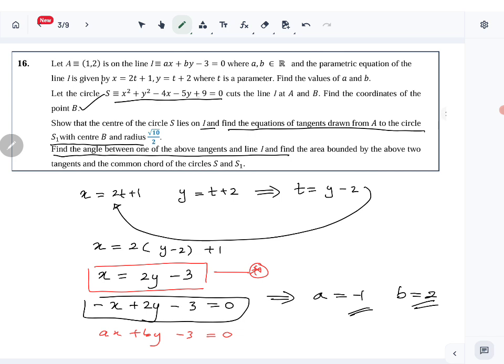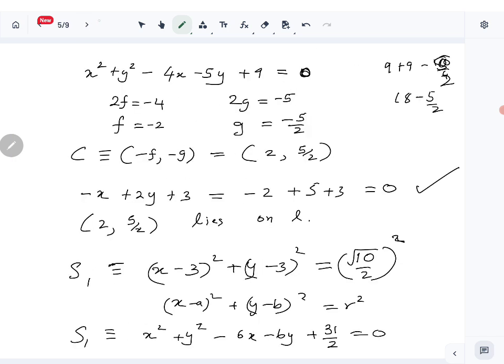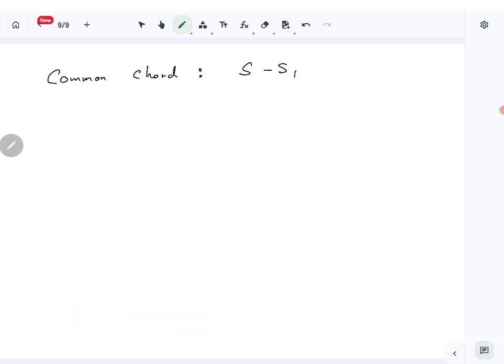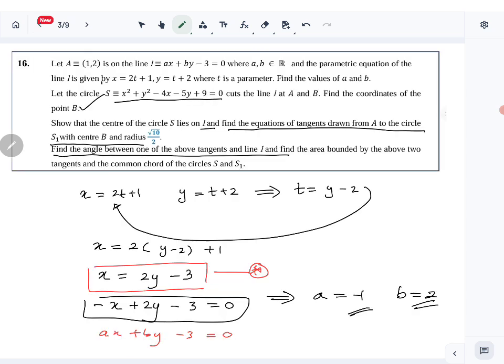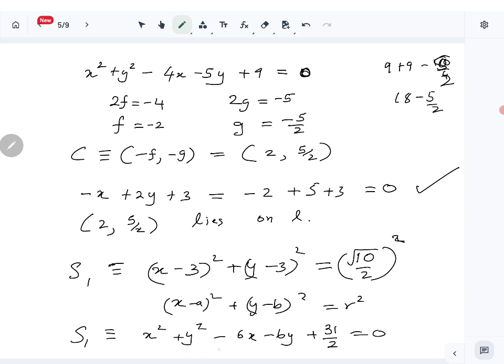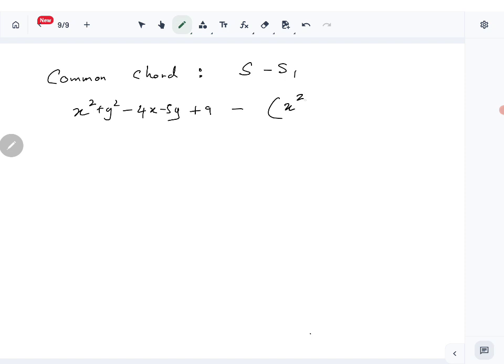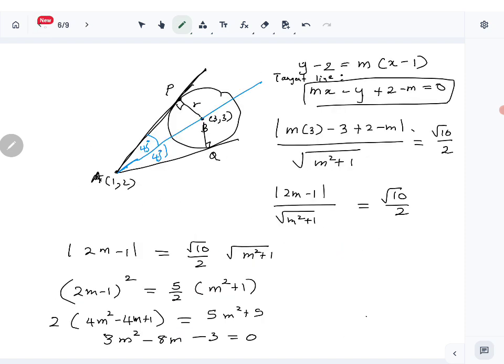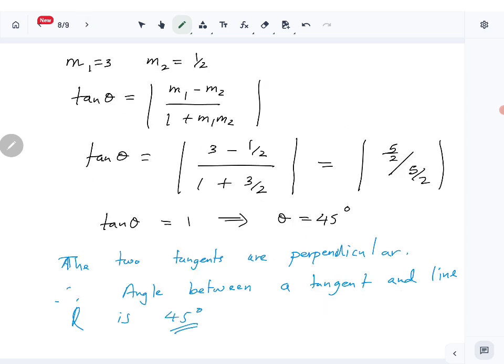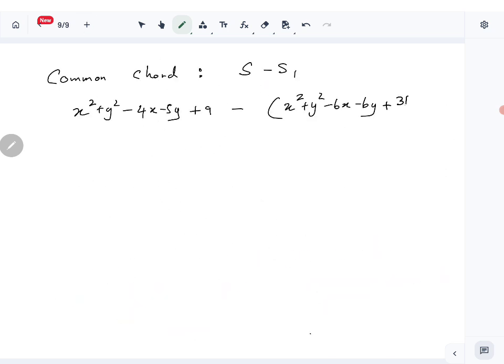So what is S? S is x squared plus y squared minus 4x minus 5y plus 9, minus S1. S1 we also found here: x squared plus y squared minus 6x minus 6y, and the number is 31 over 2, plus 31 over 2, right?